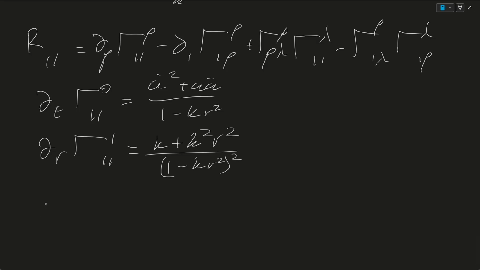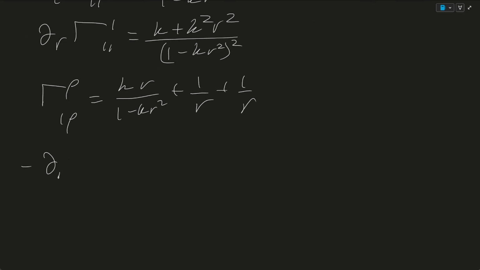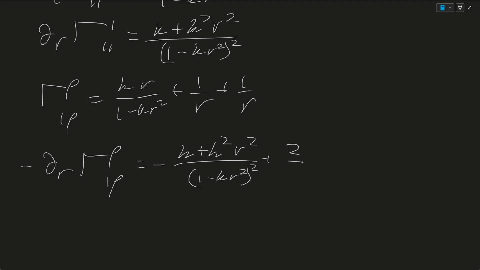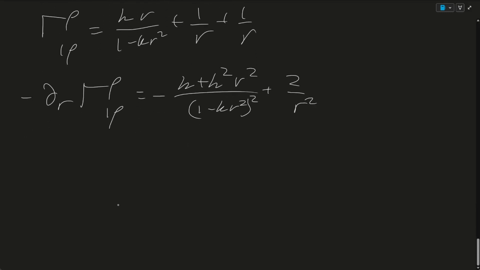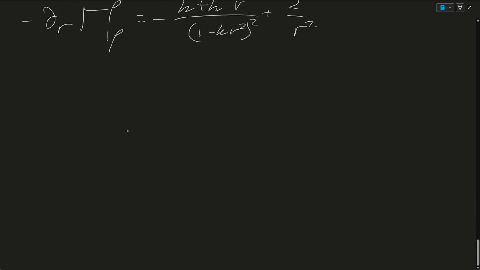This one might be a bit of some. So we have this one, rho, which is kr over 1 minus kr squared plus 1 over r, not 2, 1 over r. So minus gamma of that, minus k plus k squared r squared over 1 minus kr squared plus 2 over r squared. Seems about right.